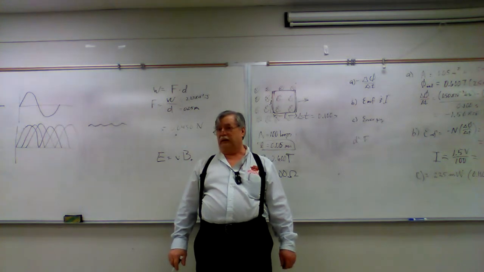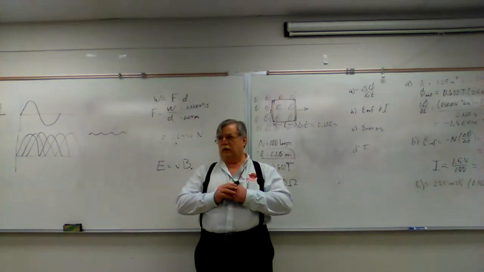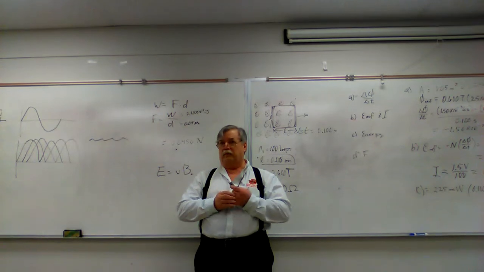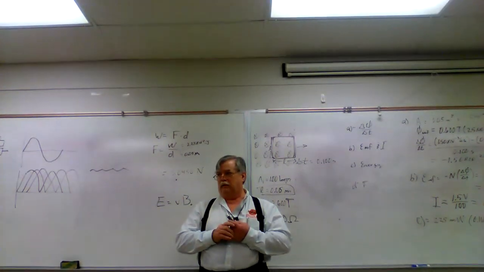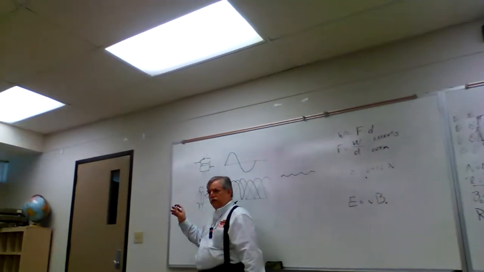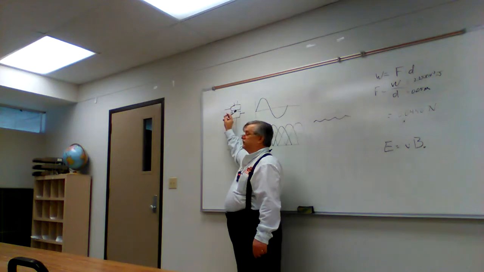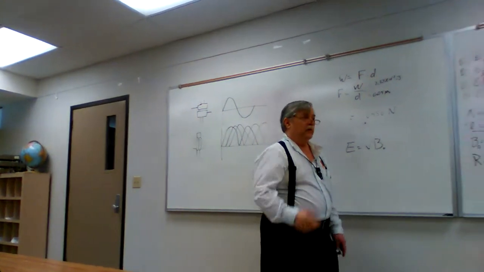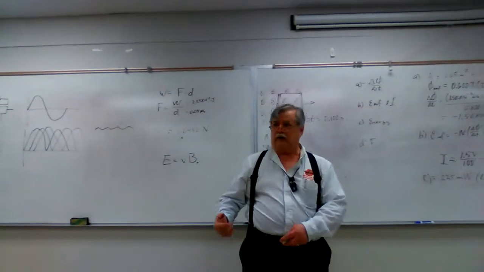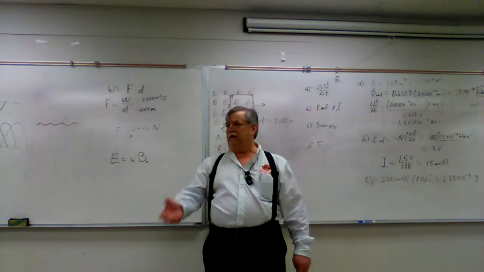What else is different about it? It has no permanent magnets. The rotor is an electromagnet. And these slip rings provide power from the battery to the rotor to create the magnetic field.